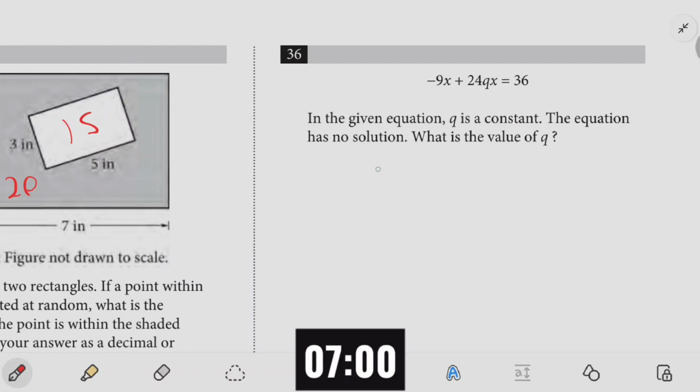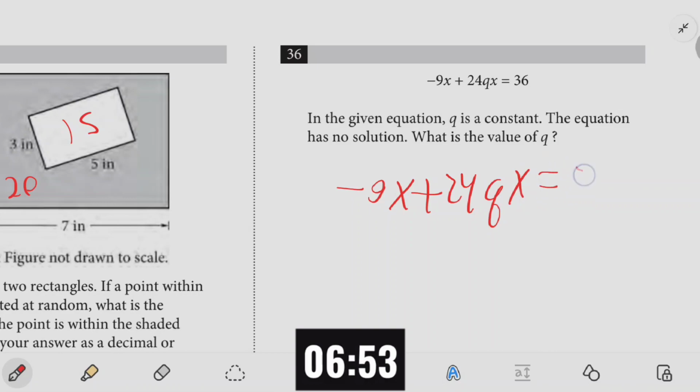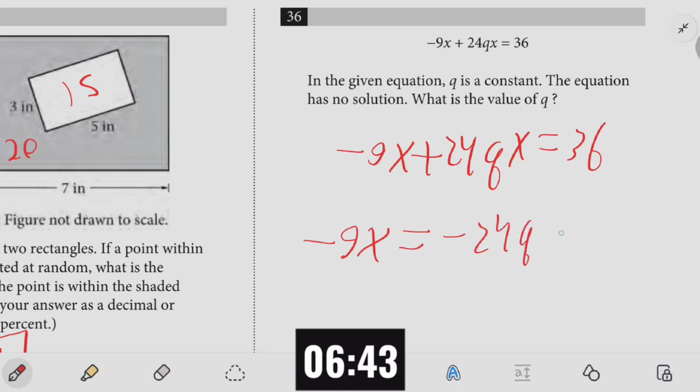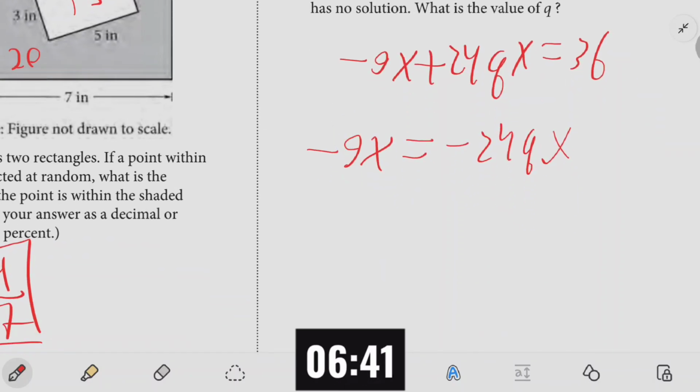Q is a constant. The equation has no solutions. What is the value? Okay. It has to be 0. So it has to be.